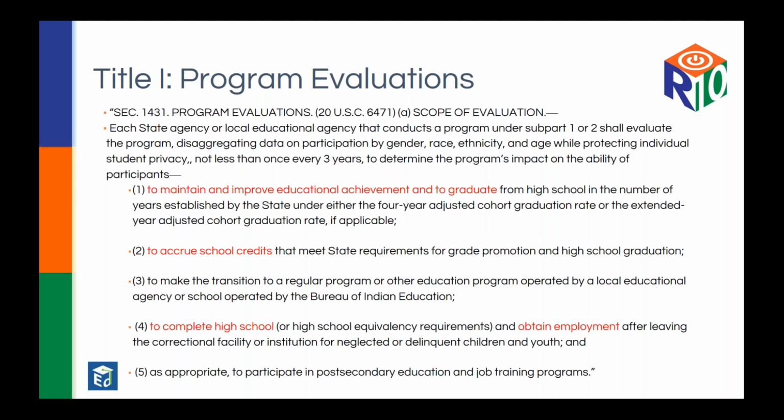When we're looking at the program evaluation requirements within Title I itself, and bear in mind that Title I has several pieces, as we saw on that initial title slide about 2 slides back.